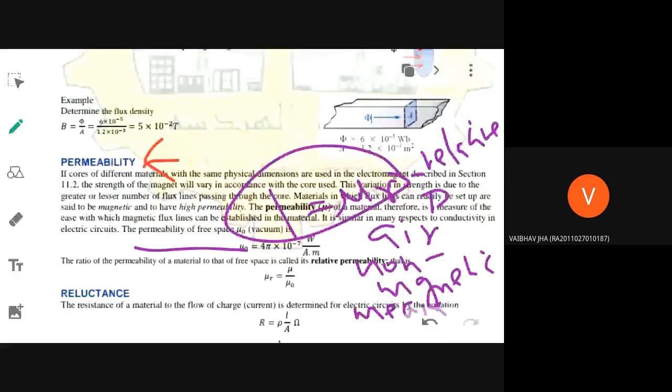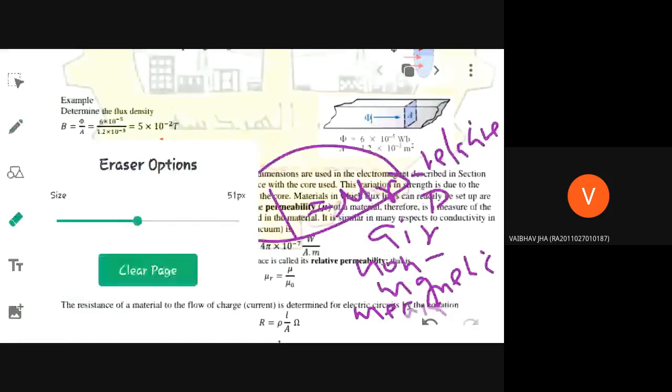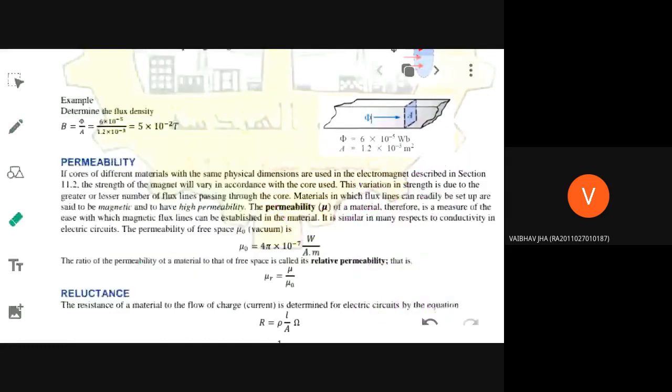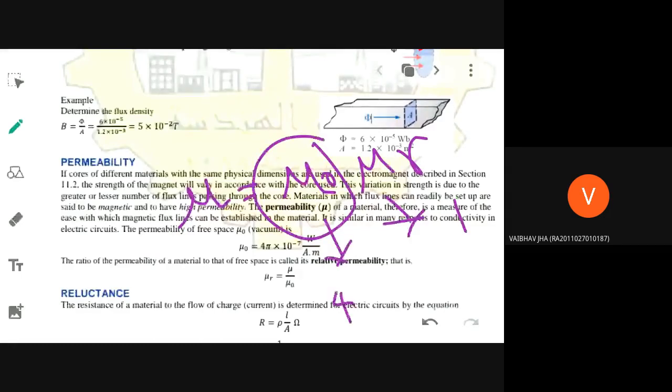Remembering that, you need to write one formula for mu. Mu is absolute permeability, that is a product of mu naught and mu r. So mu r is 1 for it. Mu naught is actually a constant, given by 4 pi into 10 to the power minus 7.